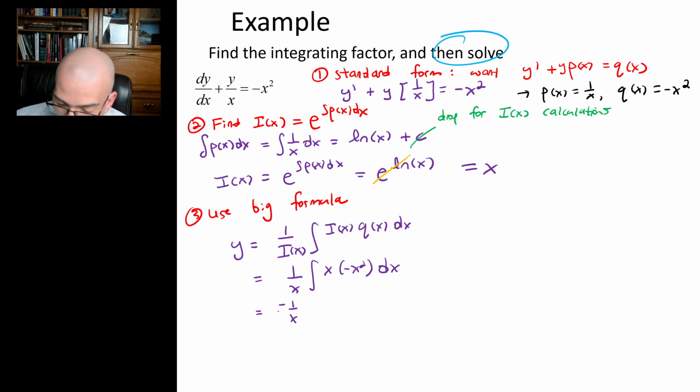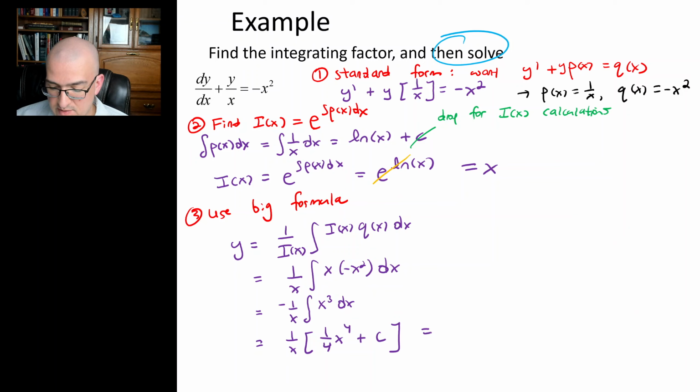The minus sign, I can bring that out front, that's fine. We have the integral of x to the power of 3. What's the antiderivative of x to the power of 3? It's 1 over 4 x to the power of 4 plus c. Now the next part is extremely important. I'm going to multiply the 1 over x into that bracket.